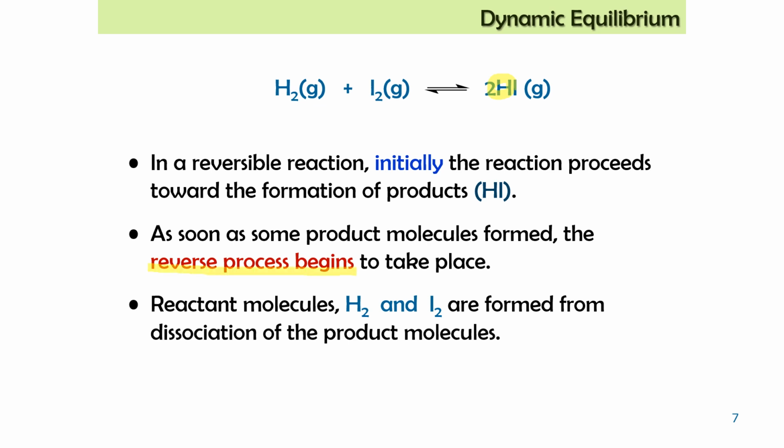So maksudnya hydrogen iodide ni akan slowly dia akan hasilkan semula iodine gas dan hydrogen gas. So reactant hydrogen and iodine will be formed from the dissociation of the product which is hydrogen iodide lah di sini your product. Dua ini adalah your reactant.